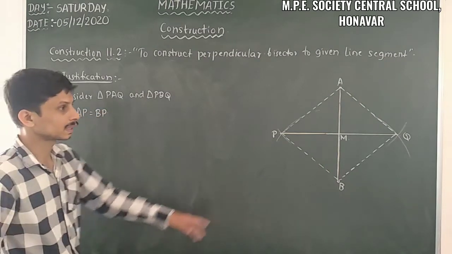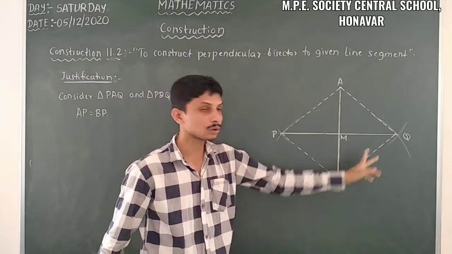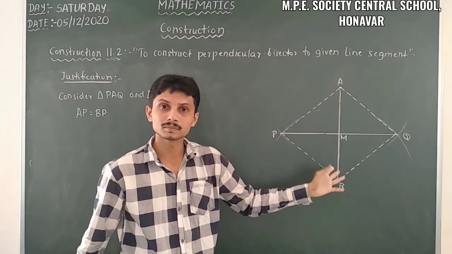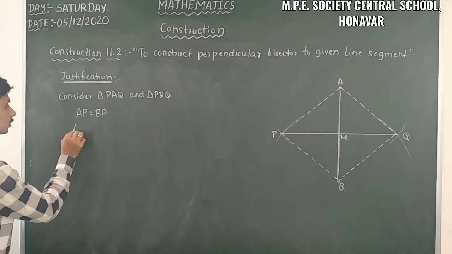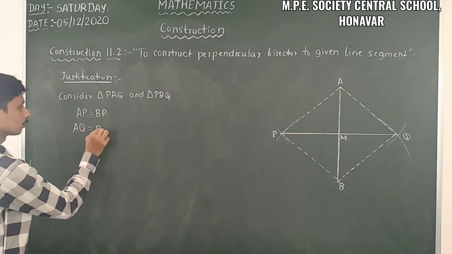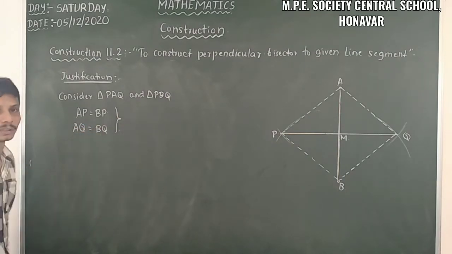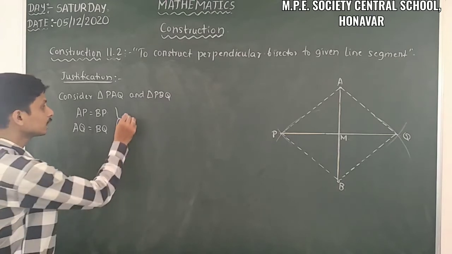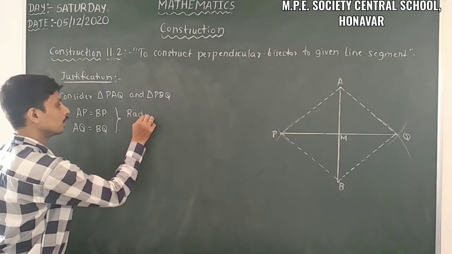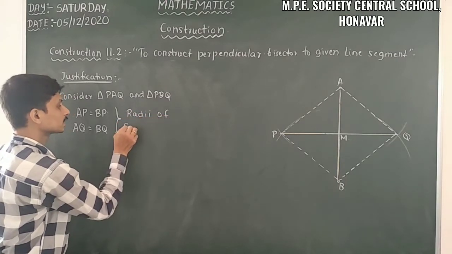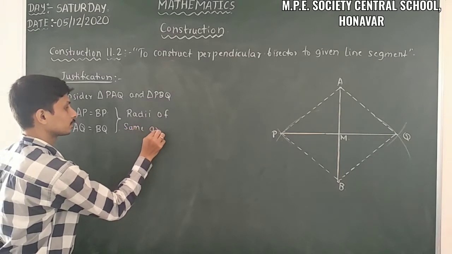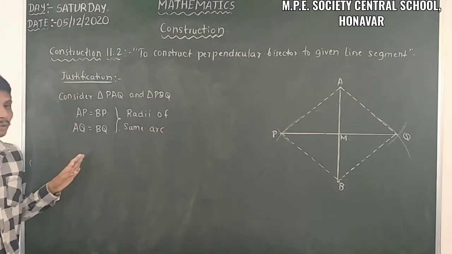Similarly we have AQ equal to BQ. Those two pairs are the radii of the same arc. So let us move on to the next one.